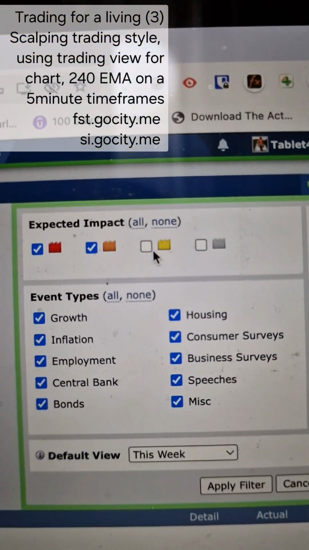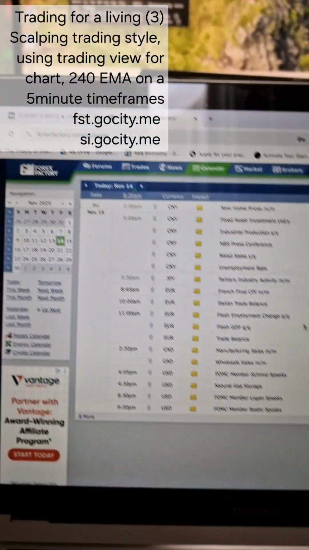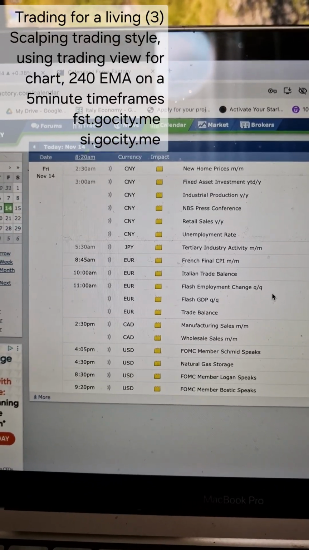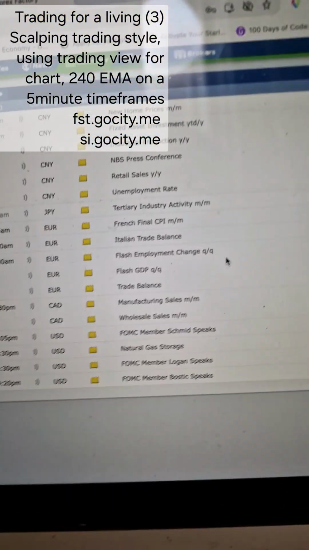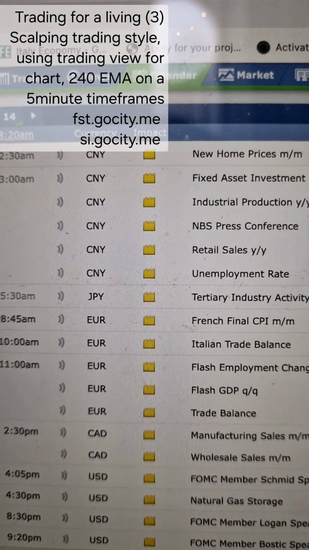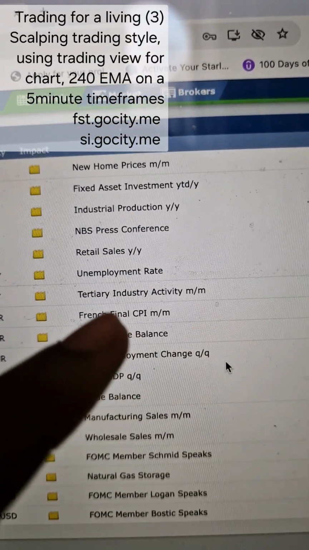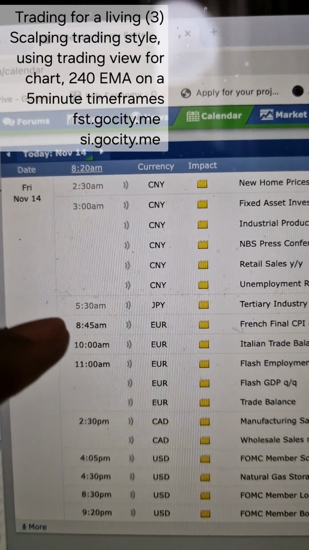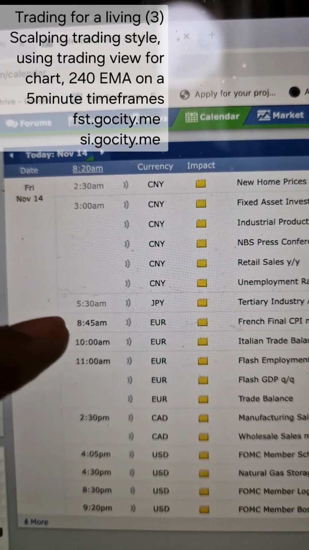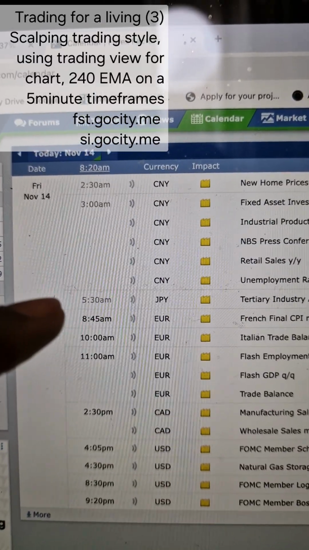I'm adding this particular one and click on apply, and this is what I'm seeing, and that means if we look at this place 8:45, so if you are holding your trade up until 8:45, there will be French CPI releases, and in as much as it's not a high impact news, it will spike a particular volatility in the market. Knowing this is very important.